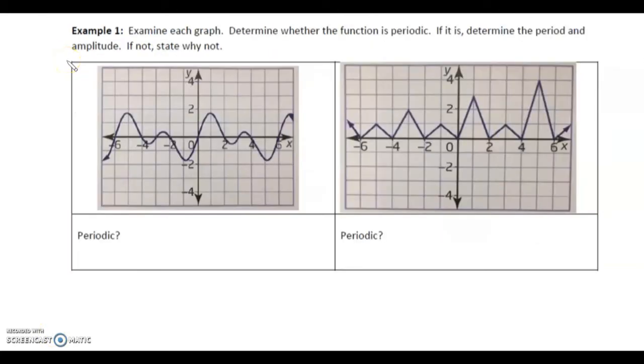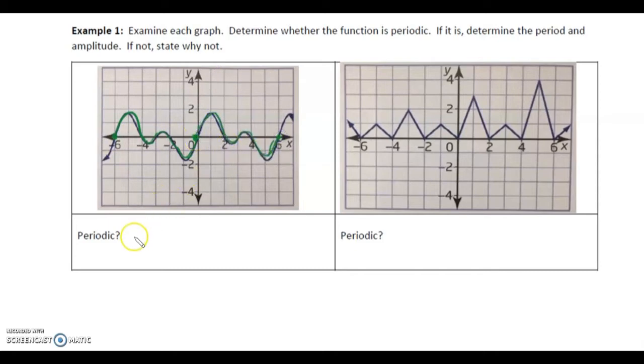Okay, so let's examine each graph and determine whether the function is periodic. And if it is, we're going to determine the period and amplitude. Okay, so for the first one here, it's going to go down, above, and down again, and back to where that started, which is the x-axis, and then big hump, down, up, down.